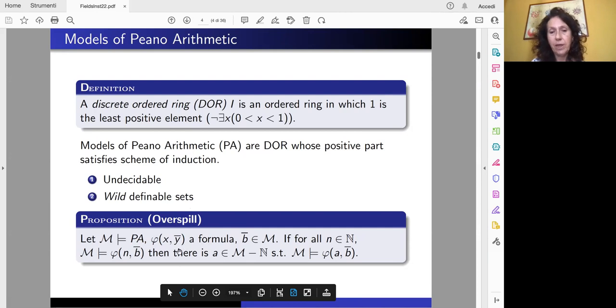So if a formula is satisfied by all the natural numbers, which always lie as an initial segment of the positive part of any model of Peano arithmetic, then there must be a non-standard element, above N, which satisfies it.